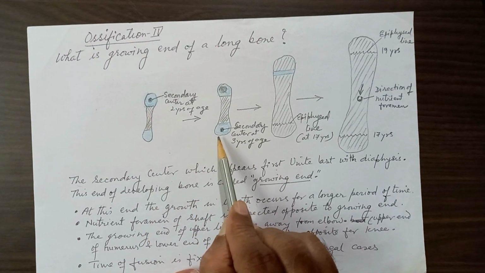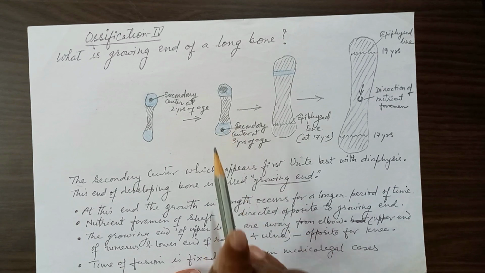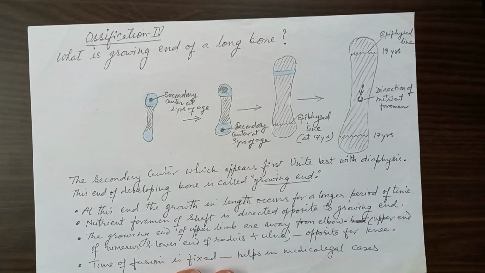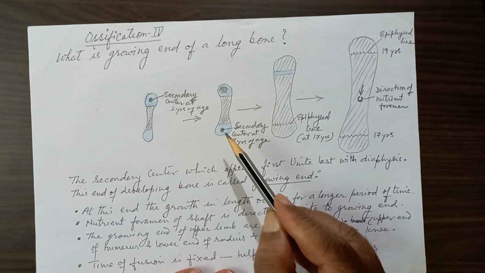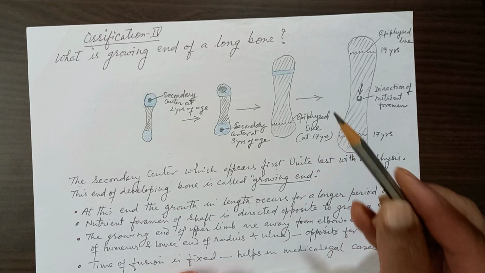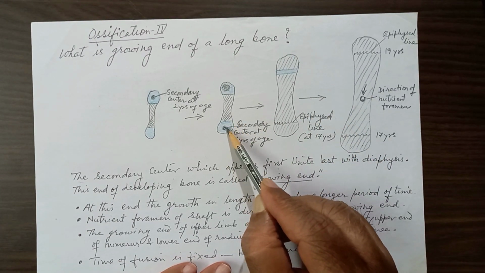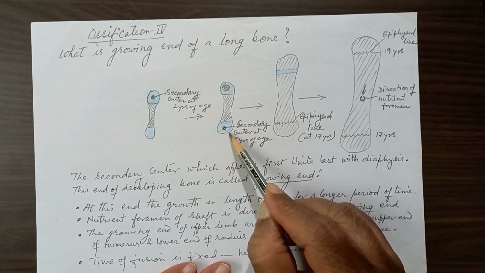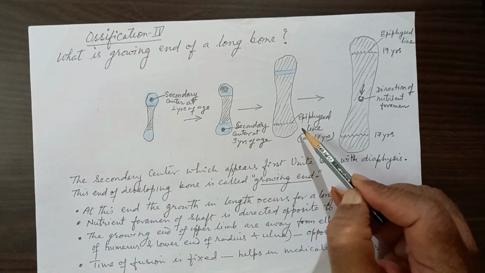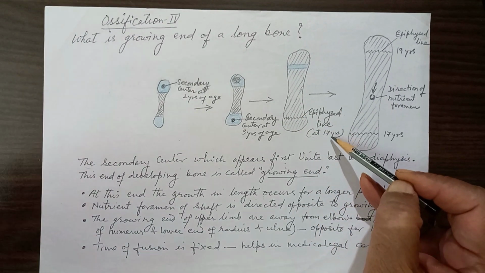That means the other end, which shows the appearance of a secondary center after some time, is going to unite with the diaphysis earlier than this center. For example, here the other end has shown the appearance of the secondary center at the third year of age, and this has united with the diaphysis at 17 years of age.